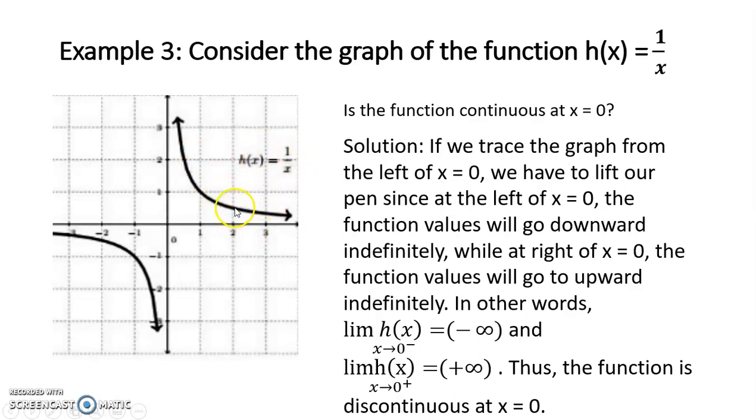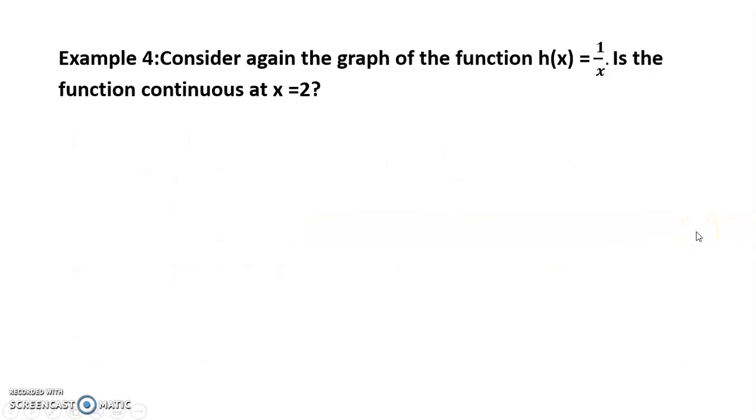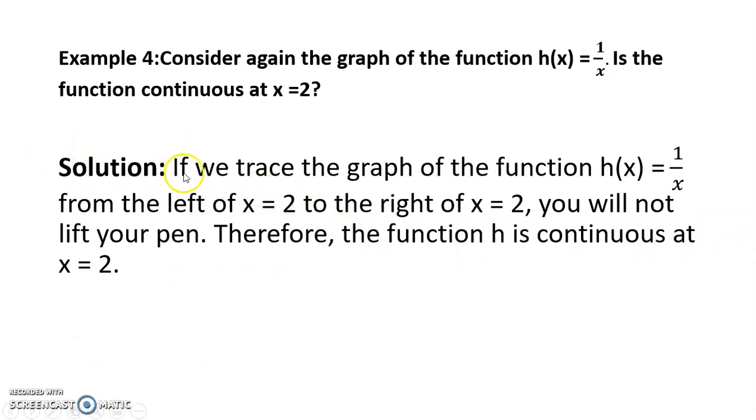At x equals 2, makita natin dito, from the left of x is 2, galing dito, pwede natin i-trace tuloy-tuloy lang to the right of x equals 2. If we trace the graph of the function h of x equals 1 over x, from the left of x is 2 to the right of x is 2, you will not lift your pen. Therefore, the function h is continuous at x is 2.